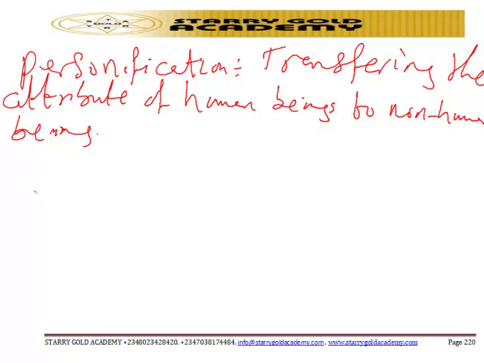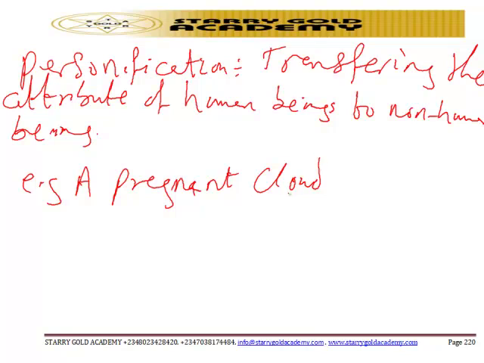For example, you say the trees are dancing, or a pregnant cloud. Pregnant cloud is also a good example of personification. Can a cloud get pregnant? No. He's talking about the fact that it's about to rain.